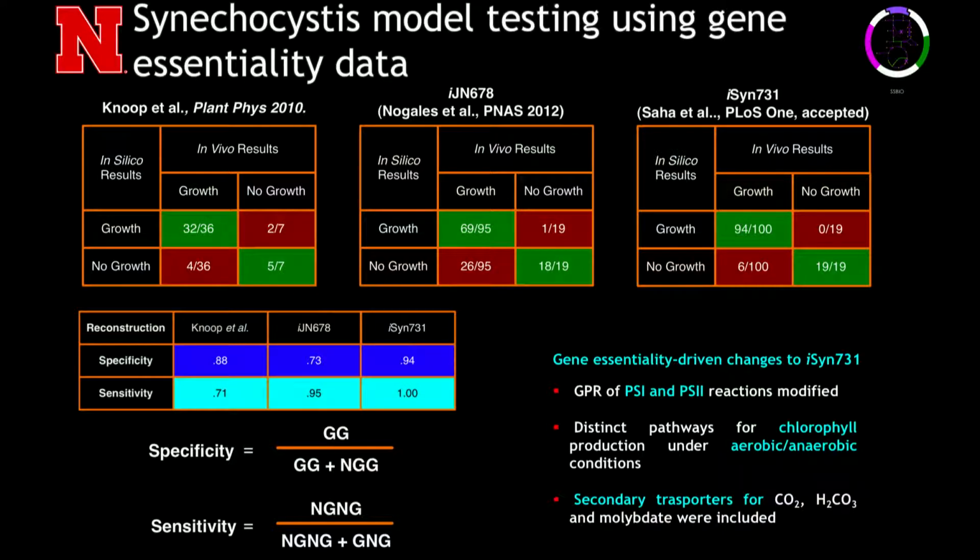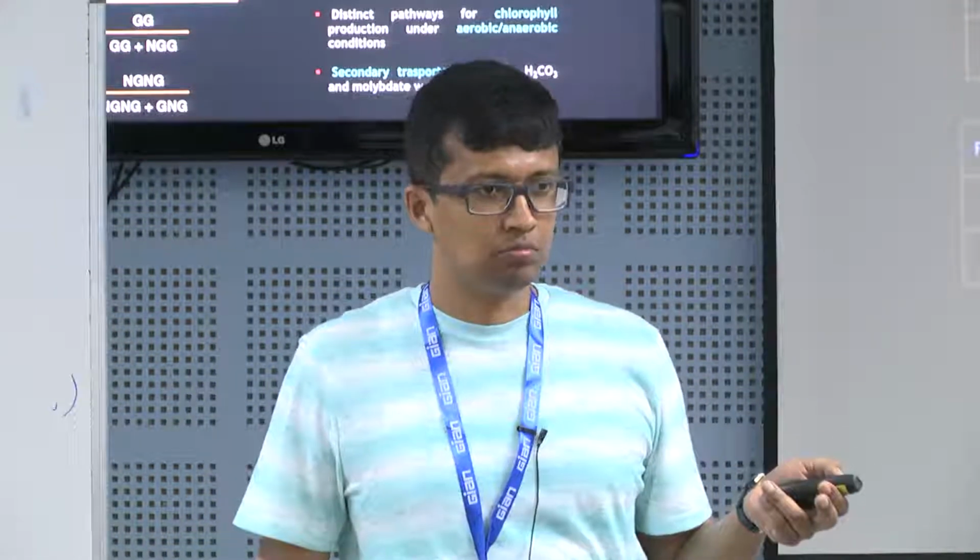The model said if I take out that gene or that specific reaction, it can grow. In real life that is not the case. What is happening? Model is missing some essential, but the model already predicted growth.